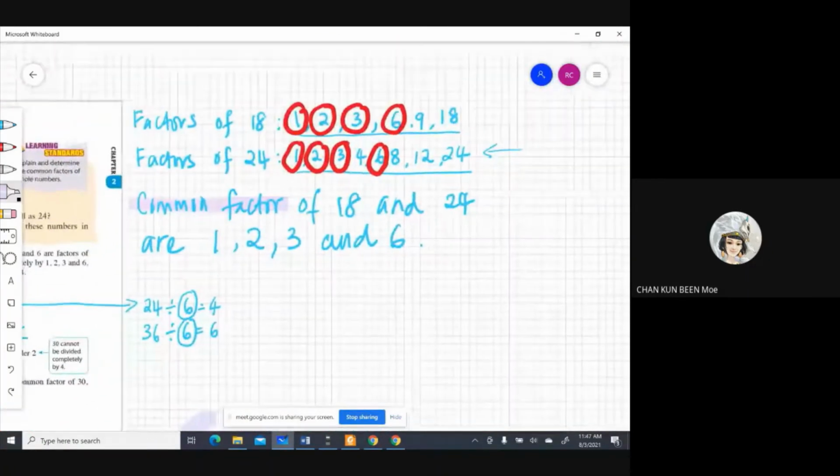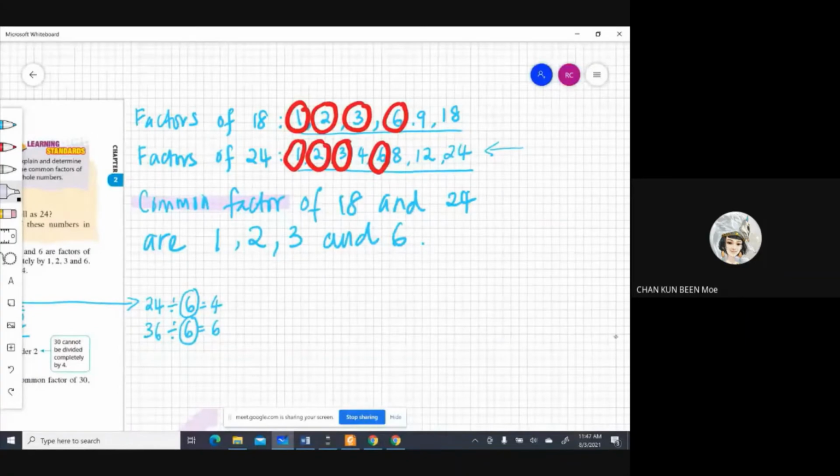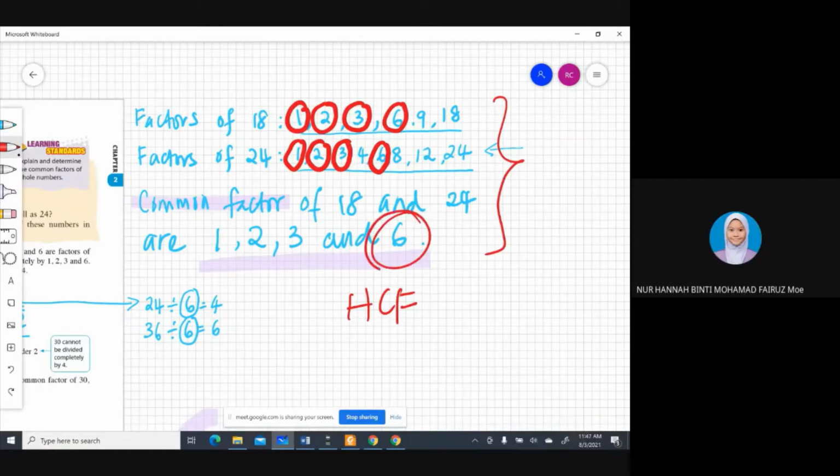The first one: factors of 18 and factors of 24. You get the common factors 1, 2, 3, and 6, right? Now, can you help me determine the highest common factor? 6. This number is the highest common factor. Okay, so you understand?